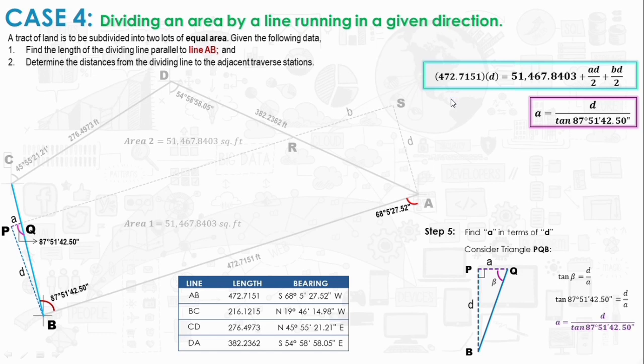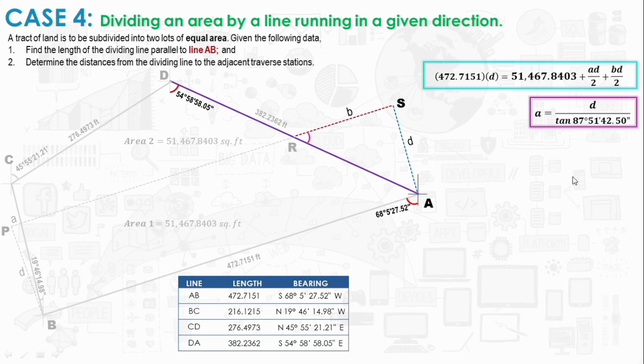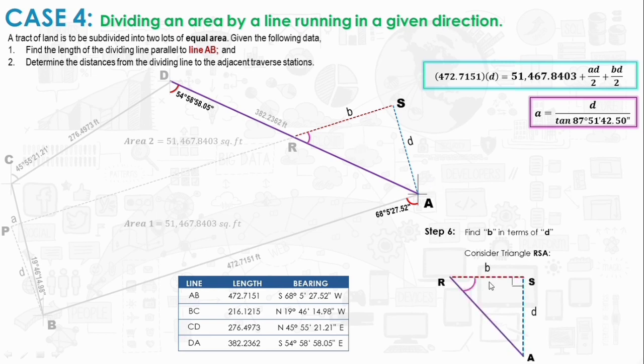Next naman, hanapin naman natin si B na in terms of D. Para yung buong equation natin lahat magiging in terms of D. So, for step number 6, find B in terms of D. So, paano? Considering the triangle RSA, if i-redraw natin siya, ayan.